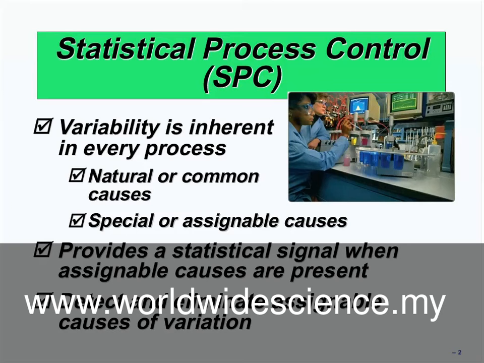But when they see there is a problem in the sample that they have selected from the production, they should stop the process of production and start to investigate the reasons for the problem or defect of the product. So statistical process control refers to methods that can help the operation manager to see whether the process is under control or not.